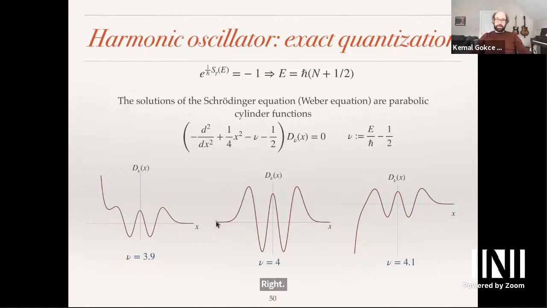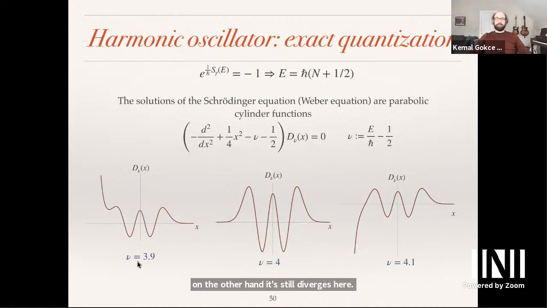As I demanded, it's exponentially decaying at both ends here. If this condition was not satisfied, I can't fulfill that condition. For instance, if I change nu a little bit, my wave function diverges here. If I change nu the other way, it still diverges here.